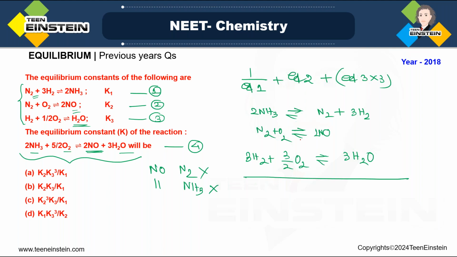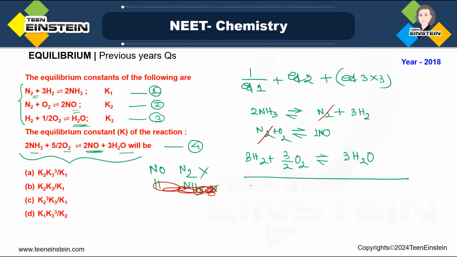You will see here N2 is cancelled, then 2 ammonia. Ammonia will be there, I have not written it. N2 should not be there.